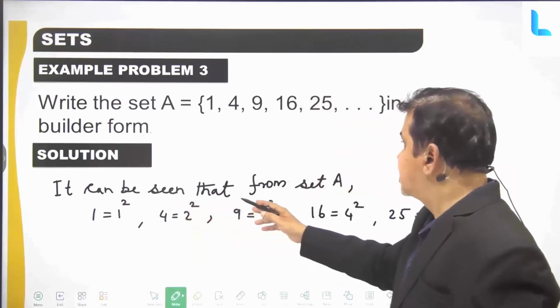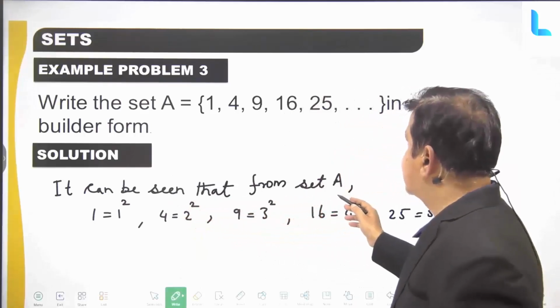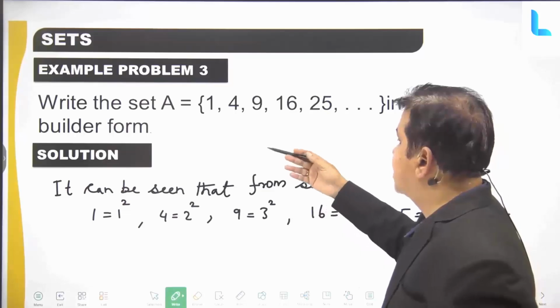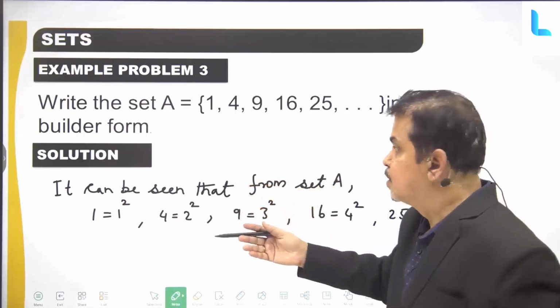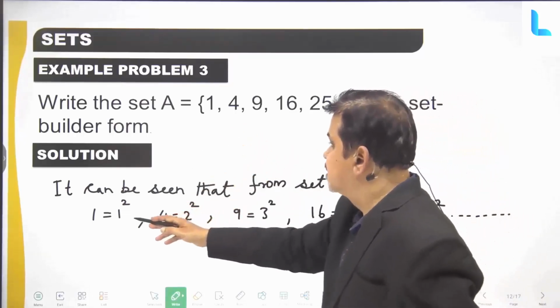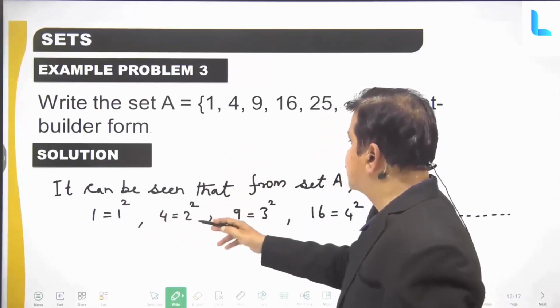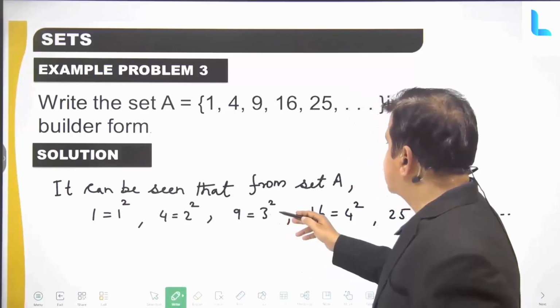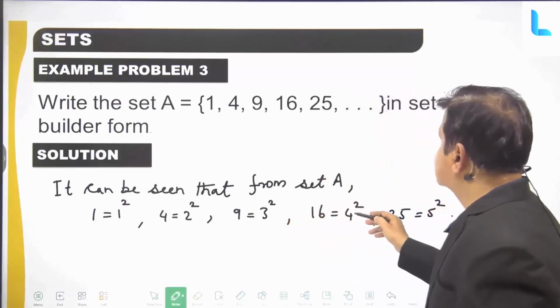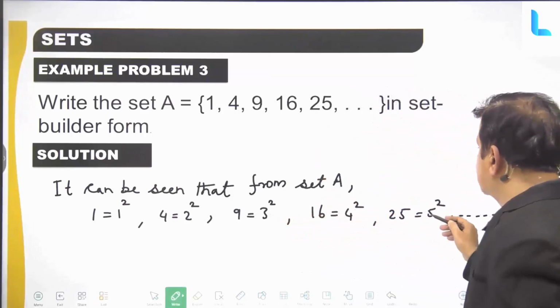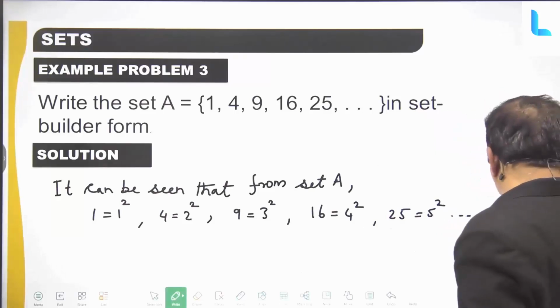So it can be seen that from set A there is a particular way of representation where you can see that 1 is equal to 1 square, 4 equal to 2 square, 9 equal to 3 square, 16 equal to 4 square and 25 equal to 5 square and so on.